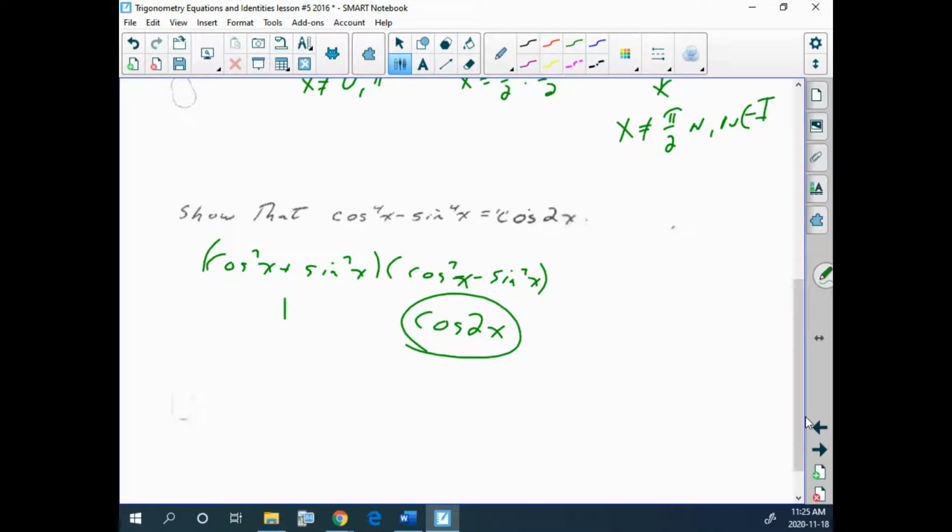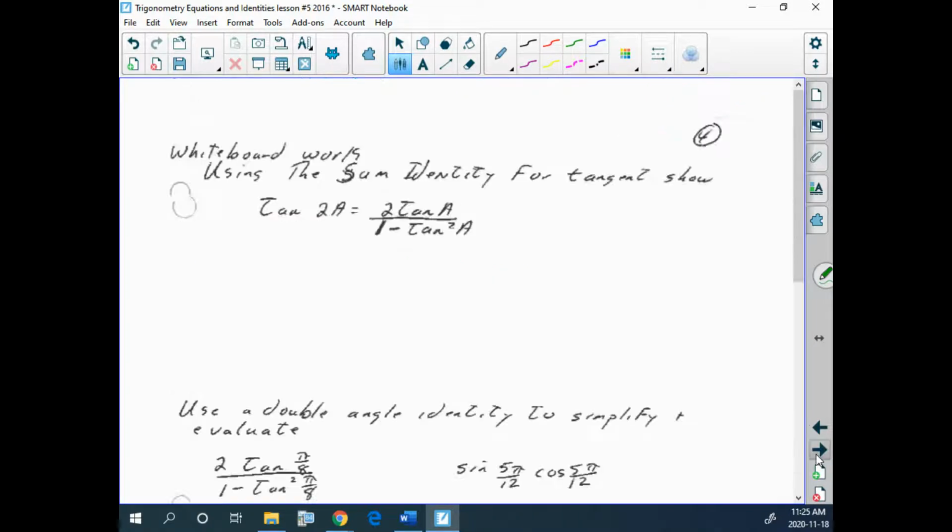You have to be able to recognize difference of squares factor. It is the most common type of factoring other than common factors.